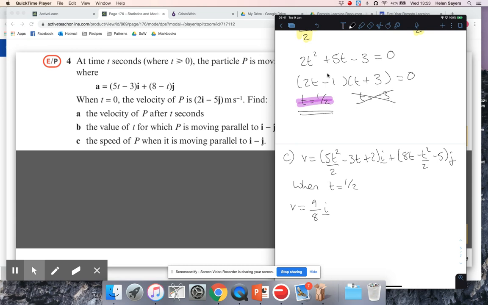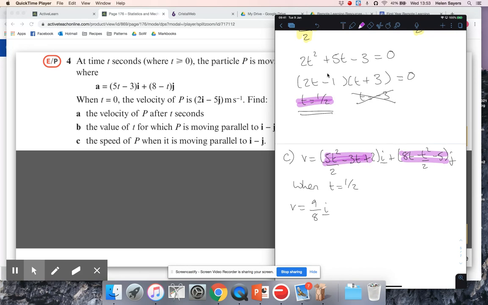Now, this will be a good check as well whether we've done this correctly, because for our answer for b to be correct, if that equals 9 over 8, this should equal minus 9 over 8. If I was feeling really cocky, I could just assume that it does, but I'm not, so I'm going to double check it.